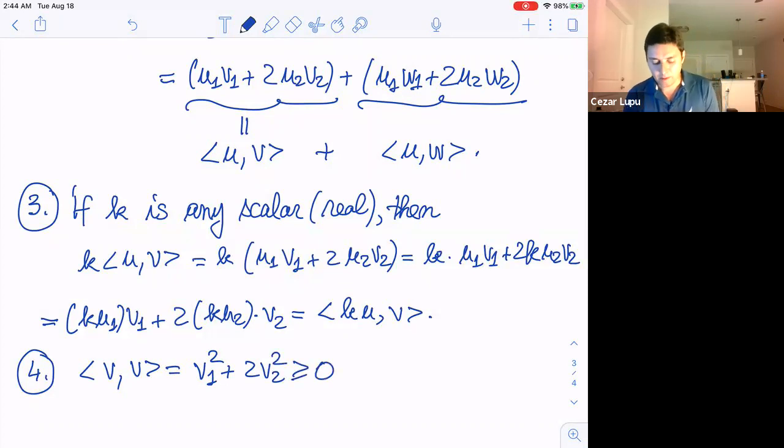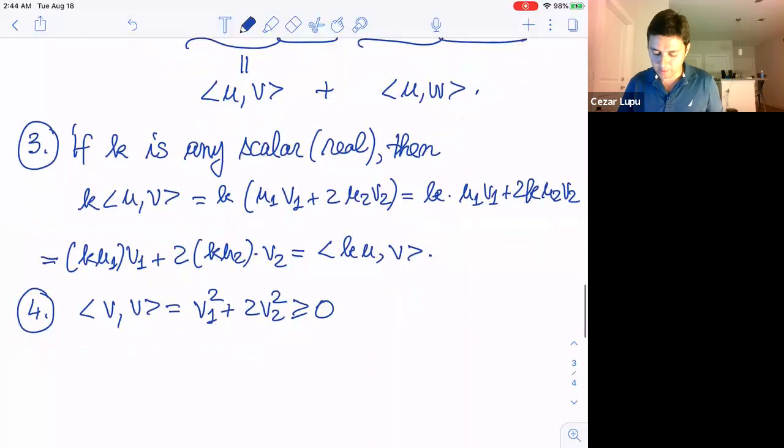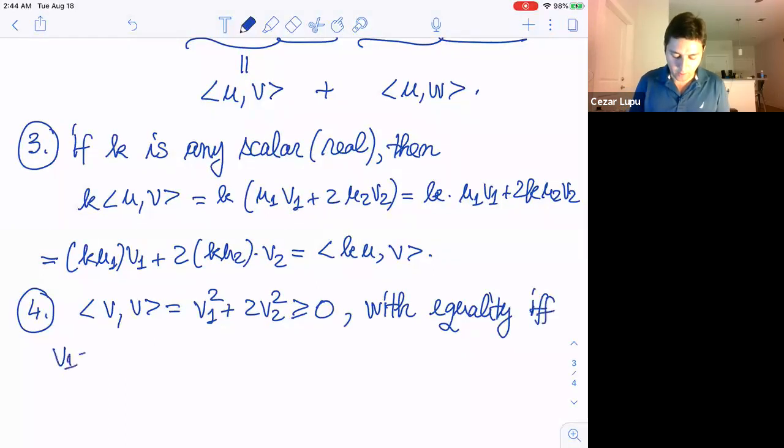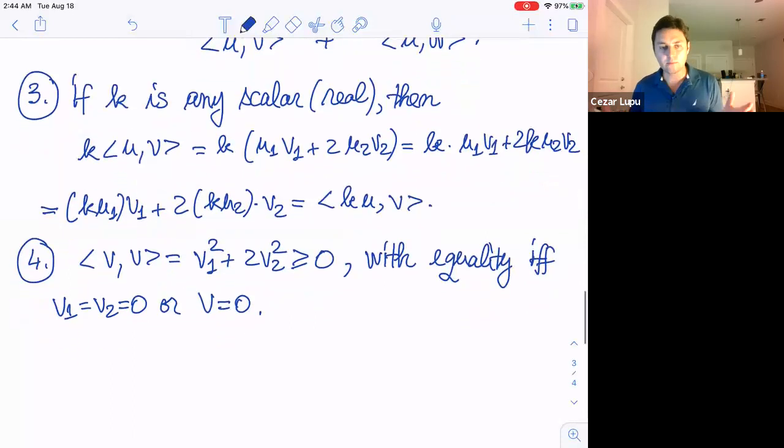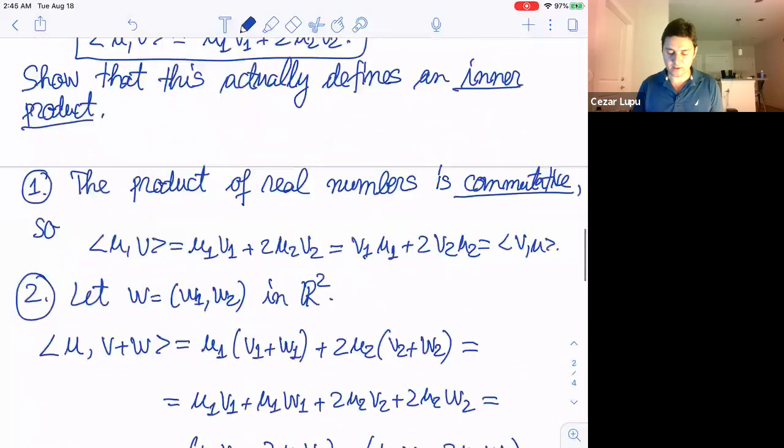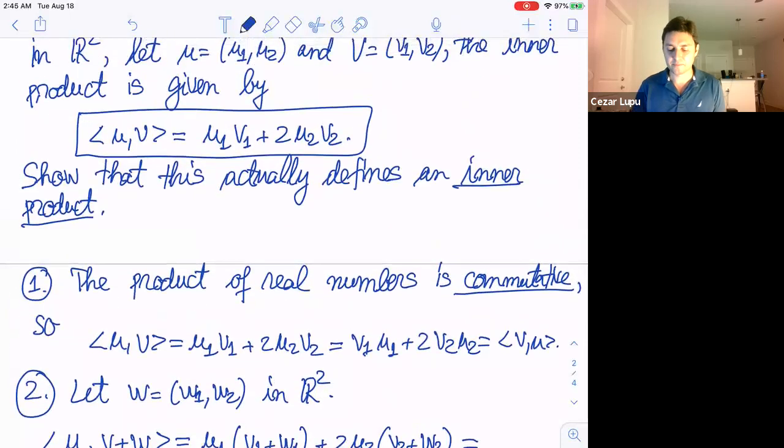Moreover, this will be 0 with equality, let's mention that, if and only if v1 equals v2 equals 0, or the vector v is the 0 vector. Right. So this implies that this is an inner product space. So that's the proof. What we have defined here is actually an inner product.